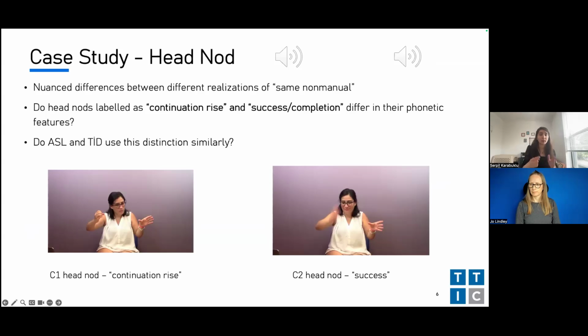To show you this clear difference from the Turkish signers, I now have two videos. The first one is cut from the end of the first clause, and the second one is cut from the end of the second clause and the end of the sentence.